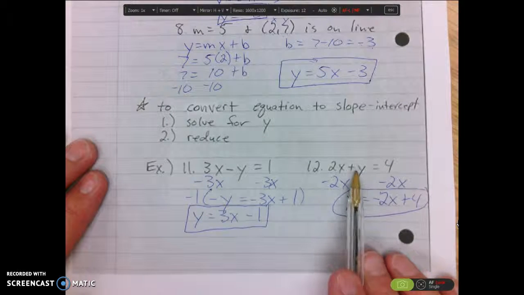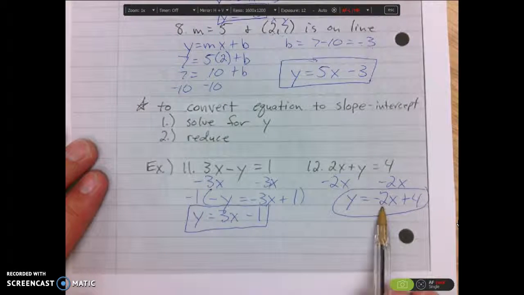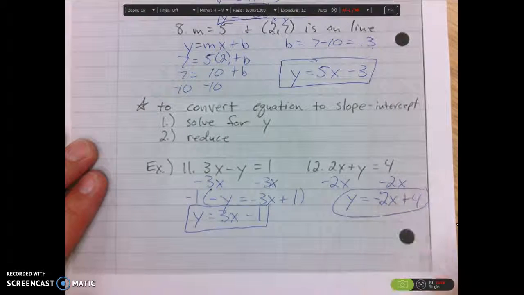So if there was a 2 in front of that, we would have to divide the 2x by that and the 4 by that. You'd have to divide everything by that. So don't forget that when you're simplifying these equations. But otherwise, you could use this information to get it in slope-intercept form. Now you have your y-intercept, you have your slope, and just like we did on the first page, you can go ahead and graph your point.